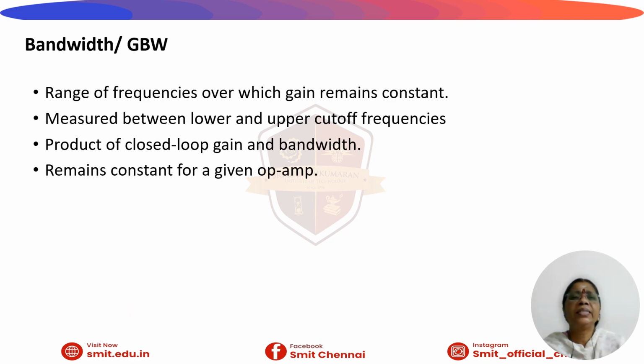The next parameter is the gain bandwidth product. It refers to the range of frequencies over which gain remains constant. It is measured between the lower and upper frequencies. It is defined as the product of gain and bandwidth, which is constant along the gain curve.